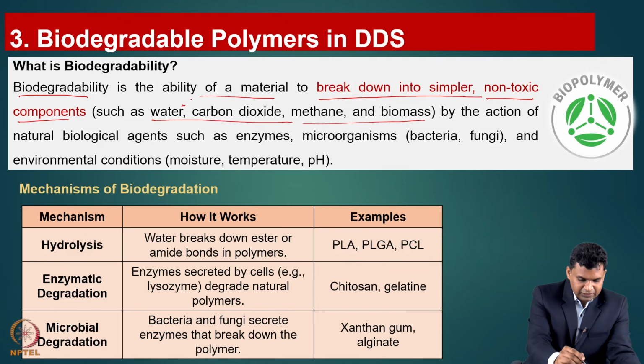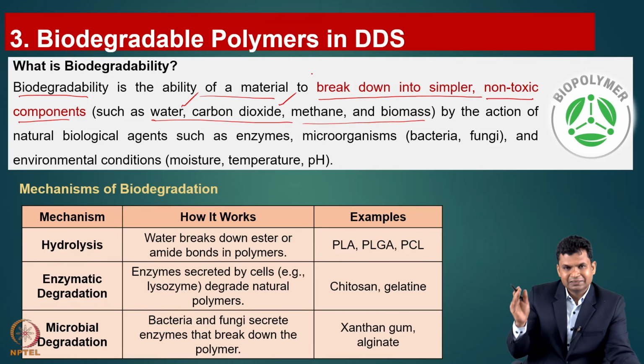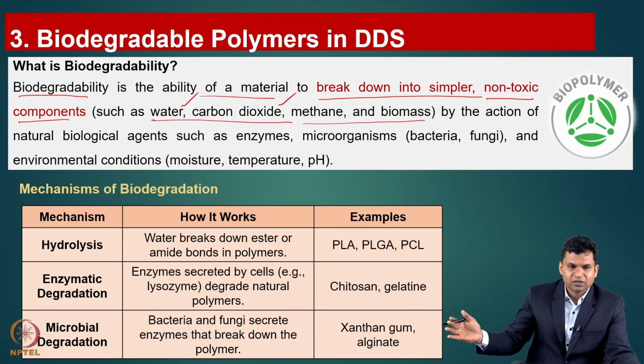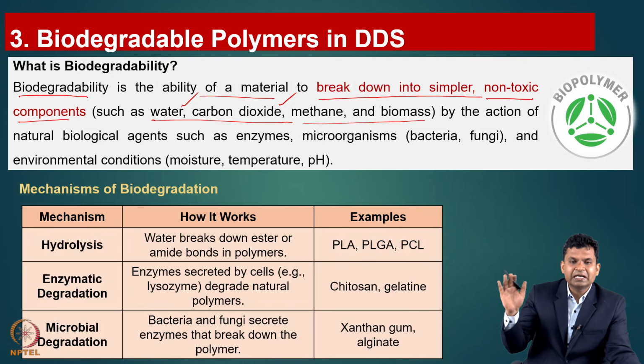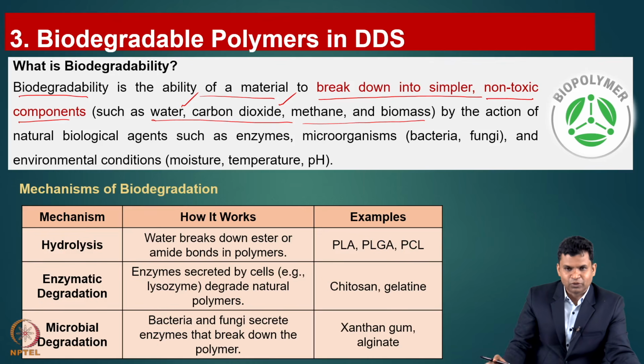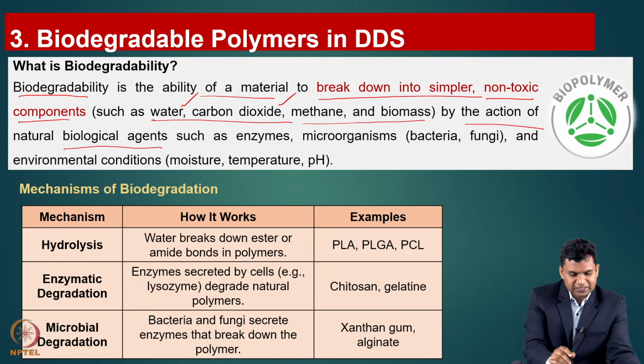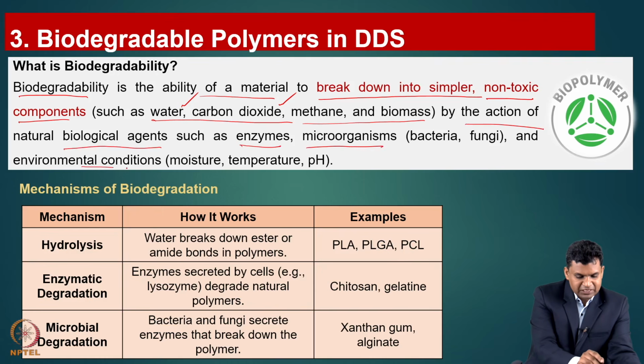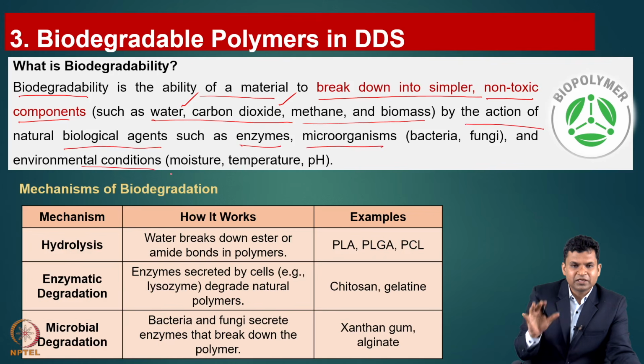So, in drug delivery for human application, the metabolites should be converted into water, carbon dioxide, and that metabolite should not show any toxicity after the degradation of your polymers. So, by the action of natural biological agents, either enzymes, microorganisms or some environmental condition, your polymer needs to be degraded.